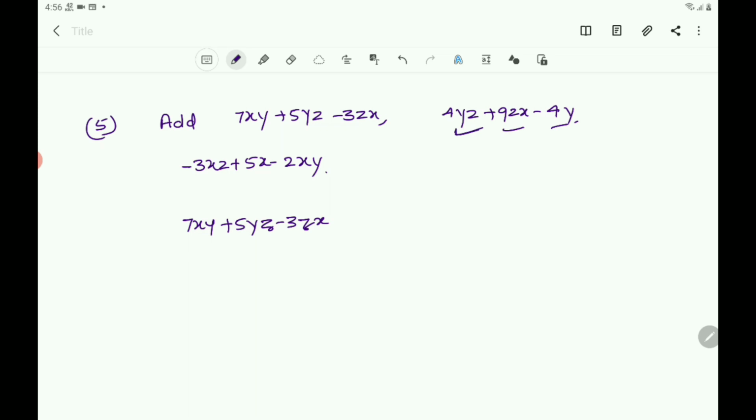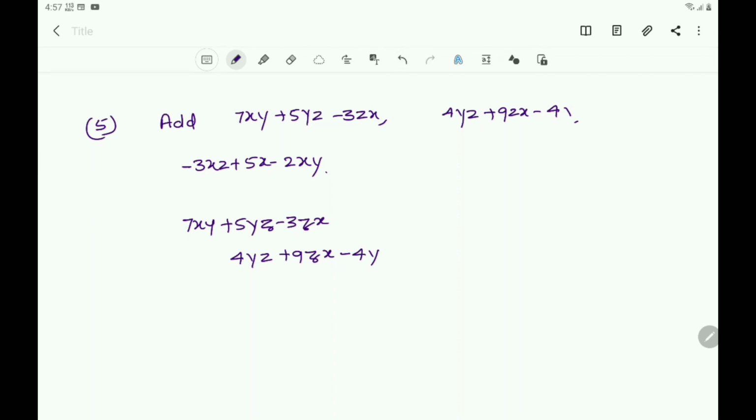You write 4yz below 5yz. Then zx is there, plus 9zx, and an extra minus 4y is there. You write it separately, minus 4y. Here there are no like terms.